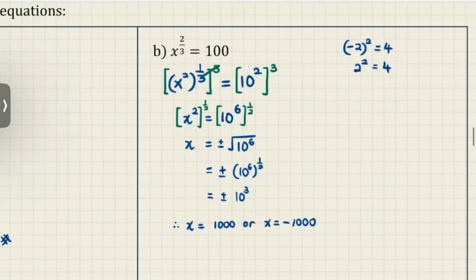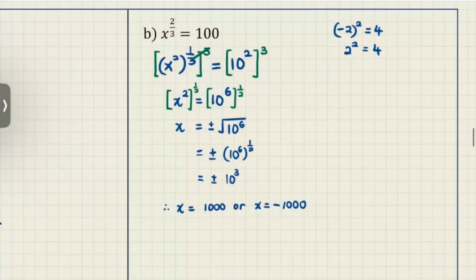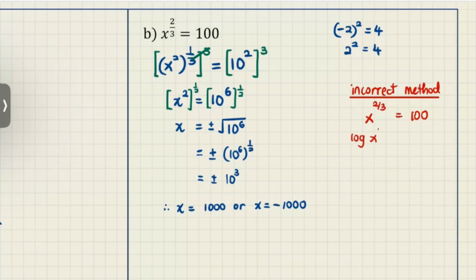Okay, kat sini saya nak tunjukkan jalan kerja yang tersilap. So let's say starting dengan x kuasa 2/3 equals to 100. So maybe ada yang nak try log on both sides. So bila kita buat log on both sides, so we have log of x to the power of 2/3 equals to log 100. Okay, and then using the properties of log, 2/3 log x will be equals to log 100. And log 100 dia adalah log of 10 squared. So which means you will get 2.